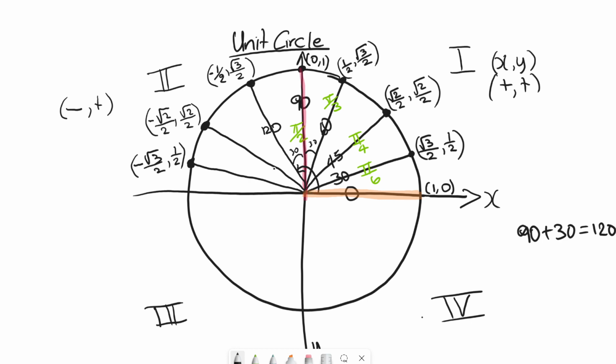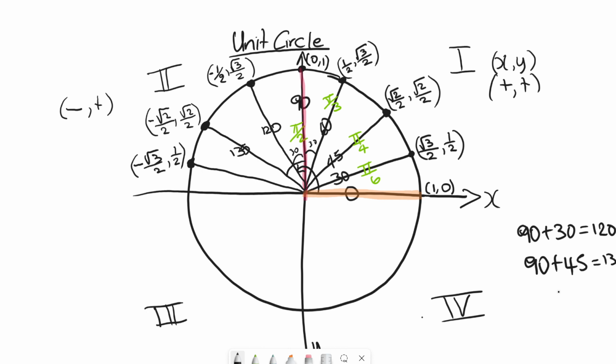The middle angle is going to be 45 degrees from 90. And so that means we're going to do 90 plus 45, and that's going to give us 135. So this angle here is going to be 135 degrees.